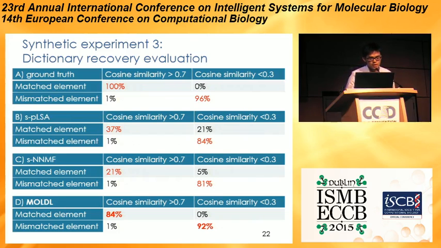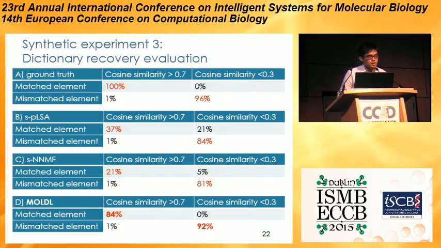We expect to see the diagonal entry to be high, such that the matched dictionary elements agree with each other, and the off-diagonal entries to be small, such that the mismatched elements disagree with each other. Table A comes from the comparison of the ground truth dictionary to itself. So it has the theoretical upper bound for the diagonal entries and the theoretical lower bound for the off-diagonal entries.